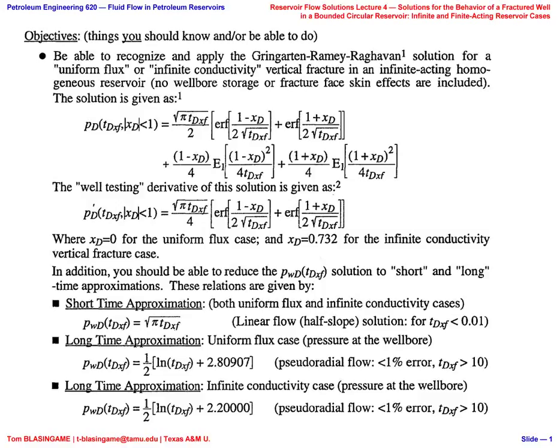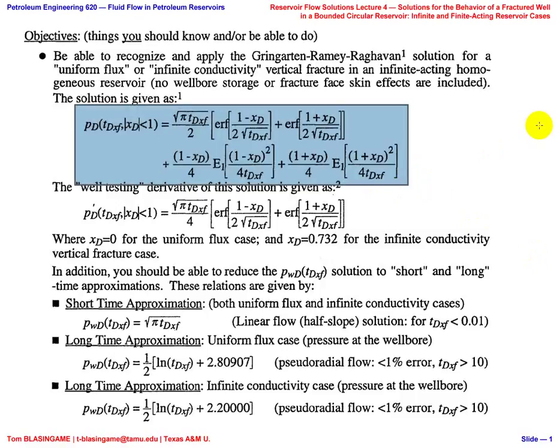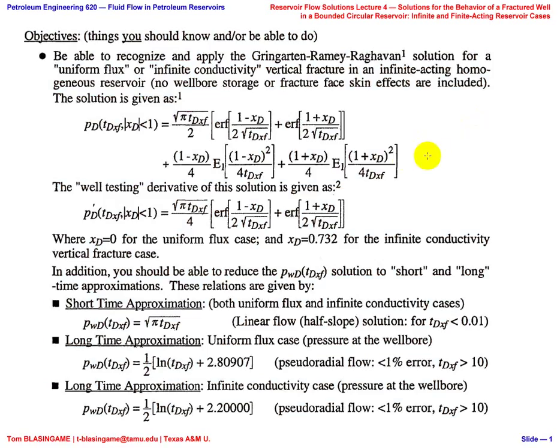In 1974, Gringarten, Ramey and Raghavan proposed this solution. And this looks god-awful, right? How many people say it looks god-awful? Everybody, right? So the first thing we'll do is we'll say that the exponential integral arguments are valid, so t_D is large. What happens when t_D is large?